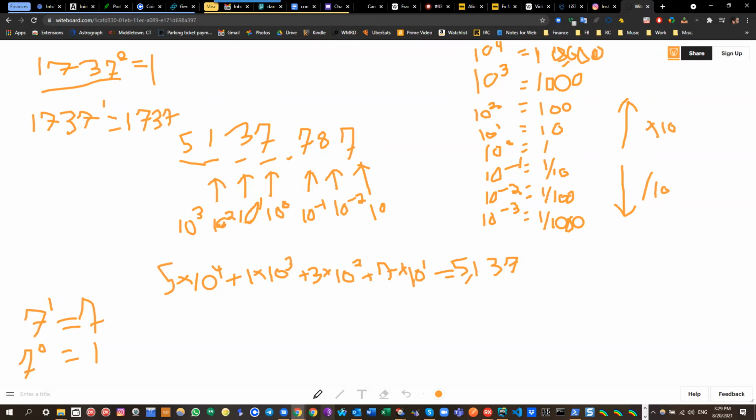10 to the -3rd. So you see there's a relationship here: 10 to the 1st is 10, 10 to the -1st is 1 over 10, 10 to the 2nd is 100, 10 to the -2nd is 1 over 100, 10 to the 3rd is 1,000, 10 to the -3rd is 1 over 1,000.